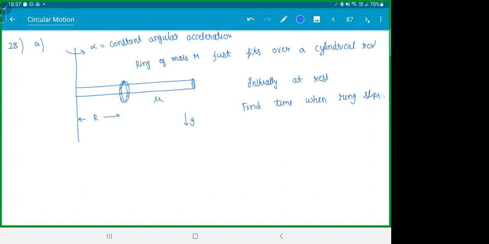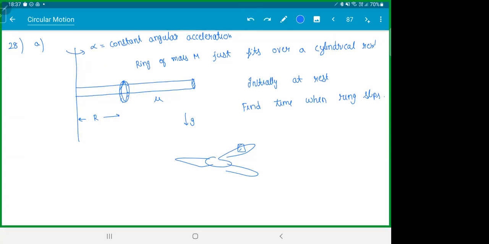Just to explain the question, did you ever do this in school? You have the fan, you keep the duster on top of the fan. Ever did this? And then you switch on the fan. For some time, the duster will go with the fan and then it flies off. Able to visualize? It is the same story there. You have a ring here. Once you switch on the fan, this thing will start going in circle, circle, circle.